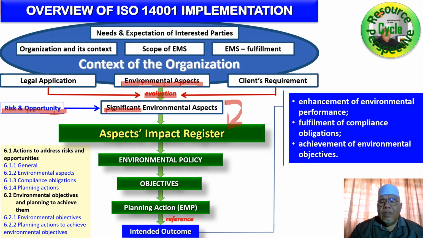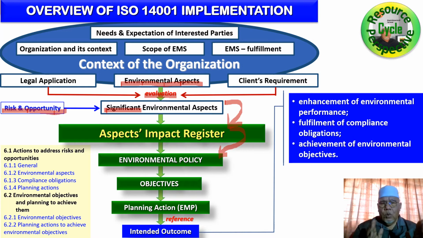And from this register, we will develop our environmental policy. So it's important for us to know what sort of environmental aspects and their associated probable environmental impacts is involved in our organization prior developing a policy.